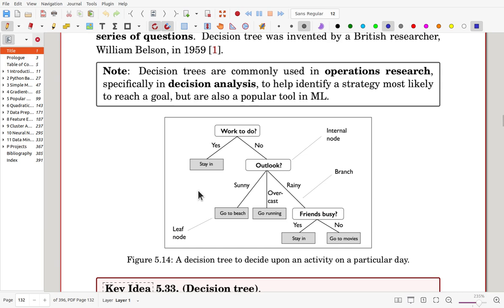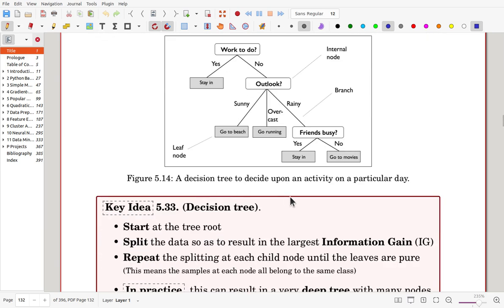Here we have the key idea of the decision tree. Start at the tree root with the whole data set and split the data so as to result in the largest information gain. That means that we are using the information gain function as an objective function, and we try to maximize it.